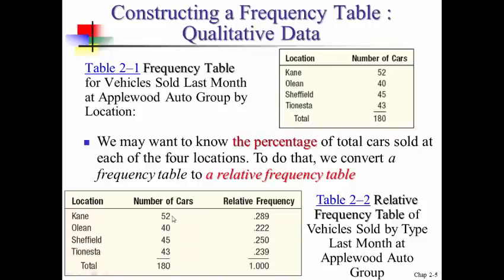Each frequency over the total frequency. You cannot put 52 over 40, or 40 over 43. In order to make a relative frequency, you need to take the frequency from each item divided by the total frequency, like this.